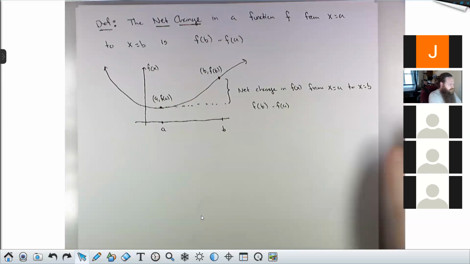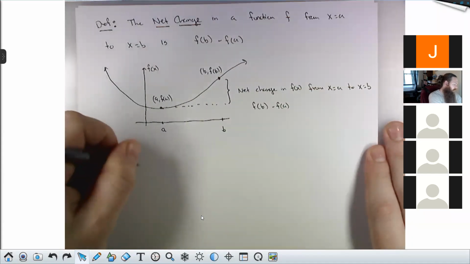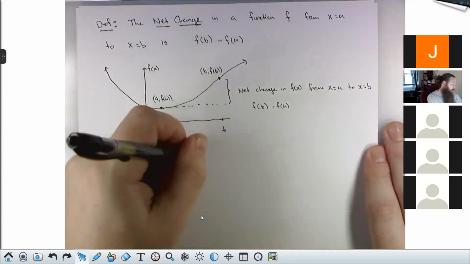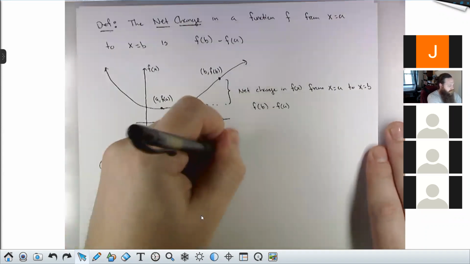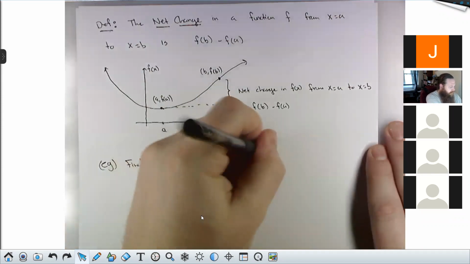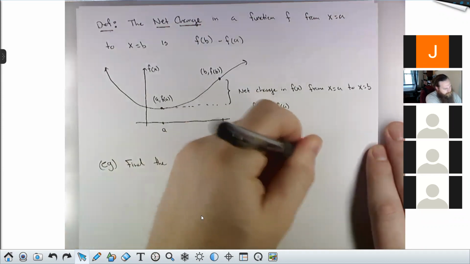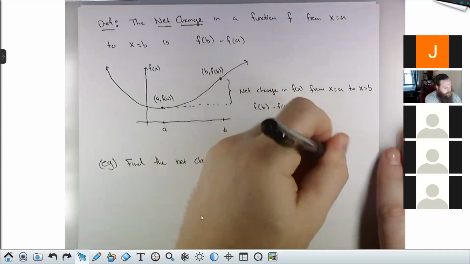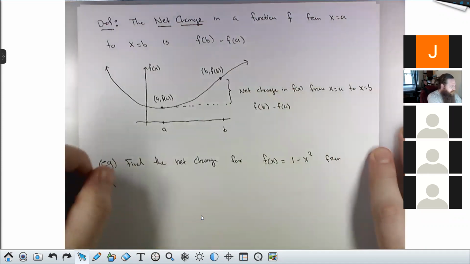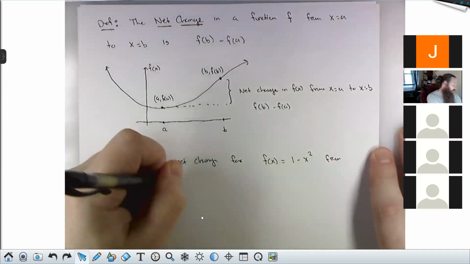Let's find the net change for f of x equals 1 minus x squared from x equals -2 to x equals +5.